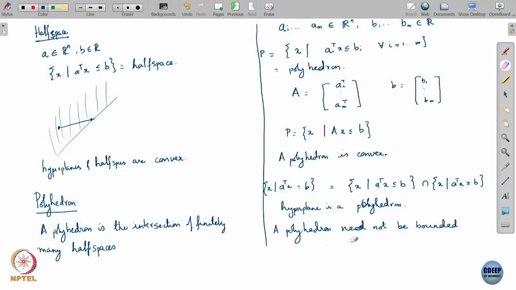A polyhedron need not be bounded, but a bounded polyhedron is called a polytope. Now, what I want you to do as an exercise is to think of what a polytope would look like.